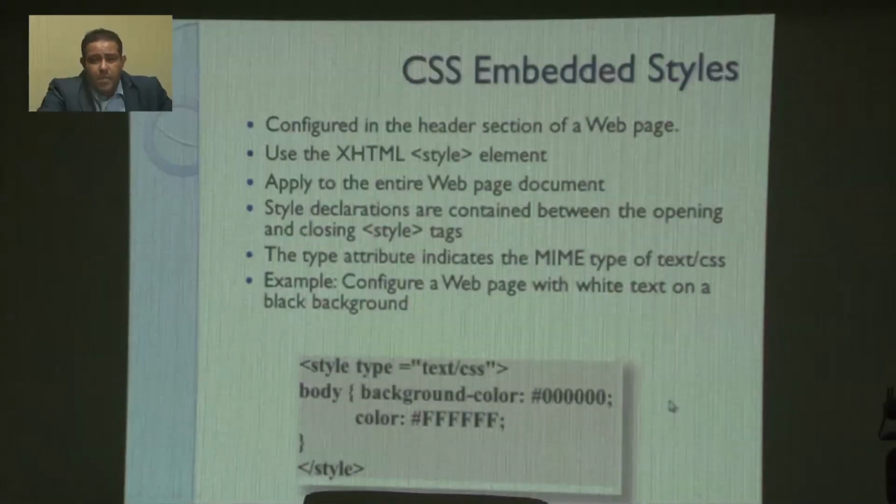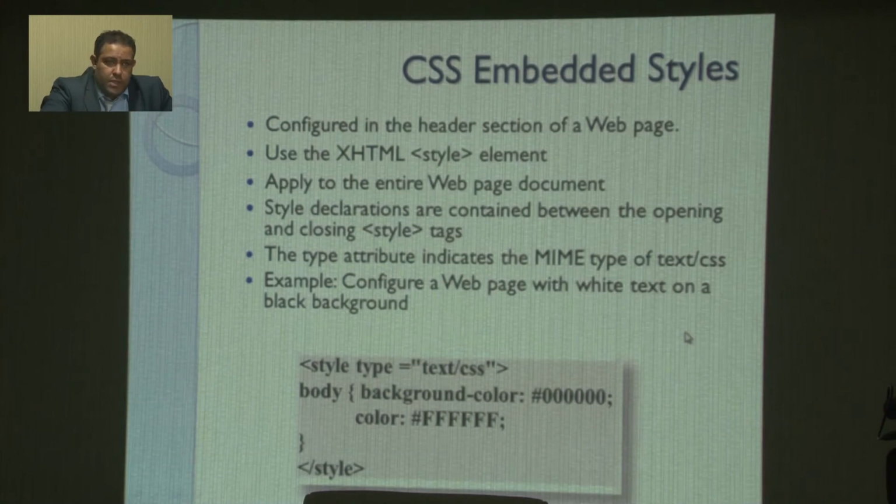The second method is CSS embedded styles. It is configured in the header section of a web page, using the XHTML style element. We can apply it to the entire web page document. Style declarations are contained between the opening and closing style tags.